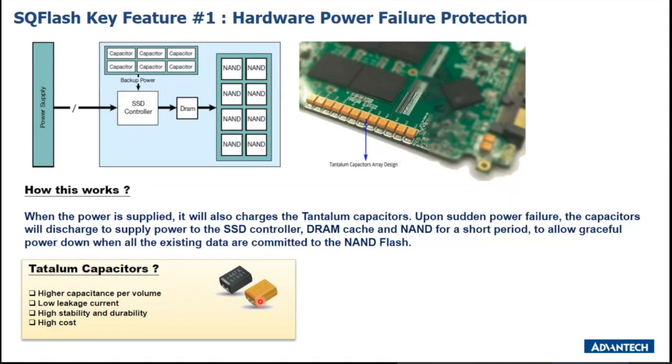So when the power suddenly goes off, the capacitor will discharge to supply power to the SSD controller and DRAM cache and also the NAND flash temporarily for a short period of time to allow a graceful power down so that all the existing data can be committed to the NAND flash.